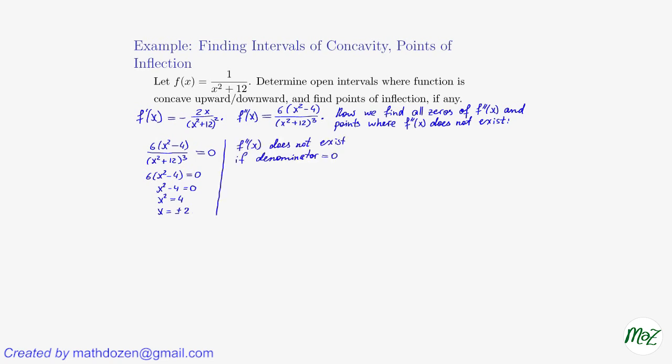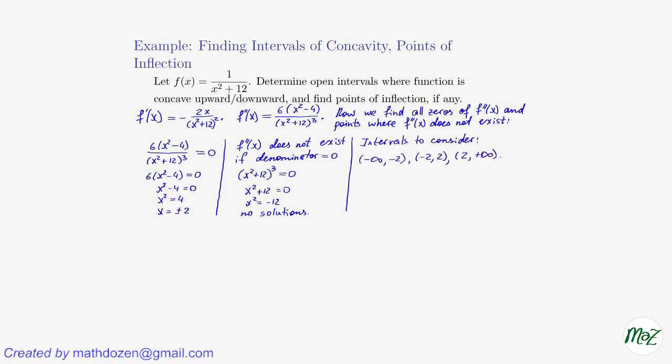For the places where the second derivative does not exist, we set the denominator to 0, and that gives us x squared plus 12 cubed equals 0, so x squared plus 12 is 0, or x squared is equal to negative 12. These have no solutions, because x squared is never equal to a negative number. So there are no places where the second derivative is not defined.